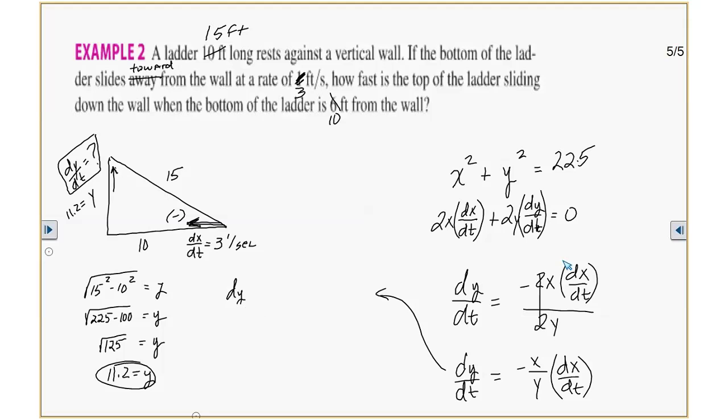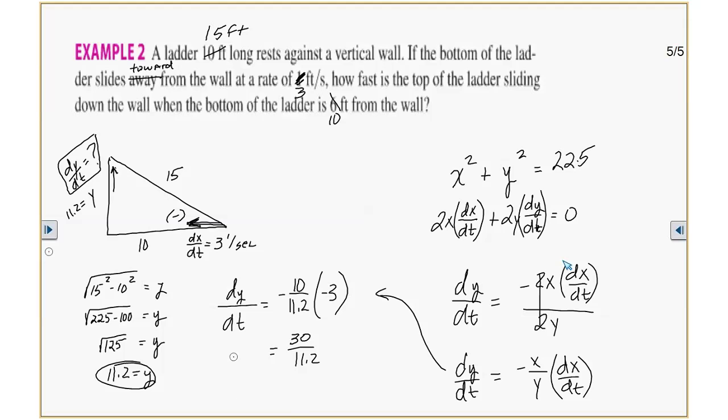Mr. Hunt, have you had this before? Golly, you must have had a good math teacher. dy/dt is equal to what? Well, x is 10. y is 11.2. And dx/dt is negative 3. So that's going to be positive 30 over 11.2.